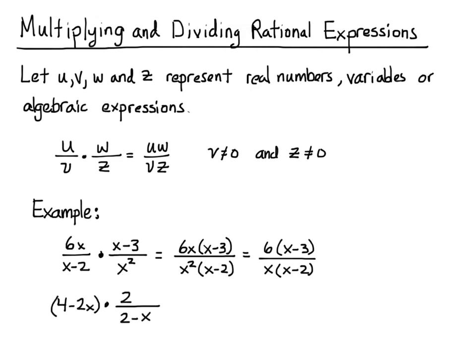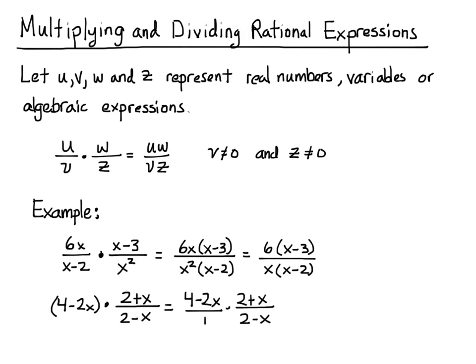Okay, let's have another example here. Now here I have 4 minus 2x times 2 plus x over 2 minus x. Now I'm talking about rational expressions, so remember that any algebraic expression that you have can be made into a rational expression just by putting it over 1, right?